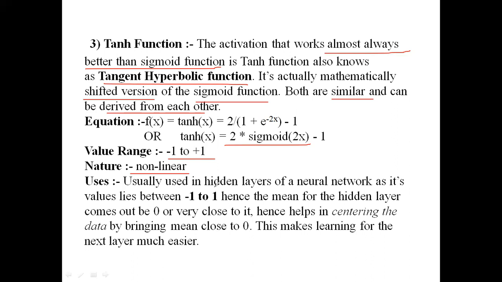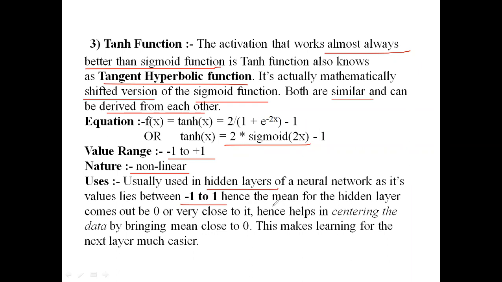Usually it is used in the hidden layers of a neural network. Till now, we have discussed two functions: the sigmoid function and a linear function. These two activation functions are applied at the output layer only. But this tan function is applied at the hidden layers. The values lie between minus 1 and 1.